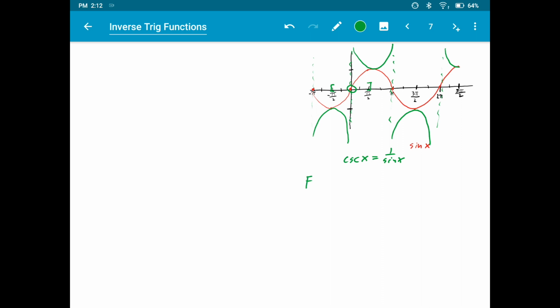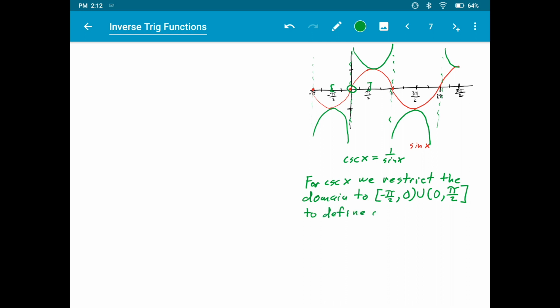So for cosecant of x, we restrict the domain to negative pi over 2 to 0, union 0 to pi over 2, to define the inverse cosecant of x.